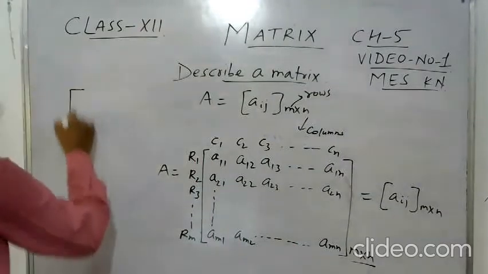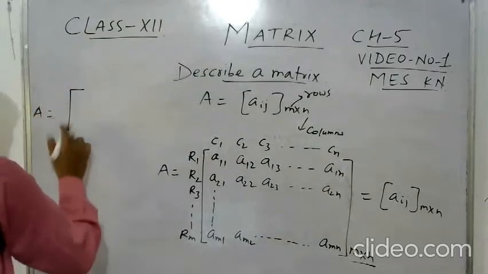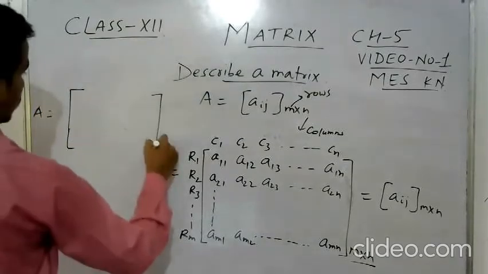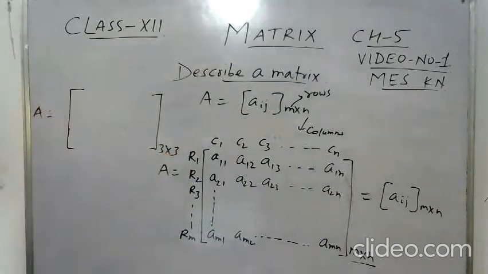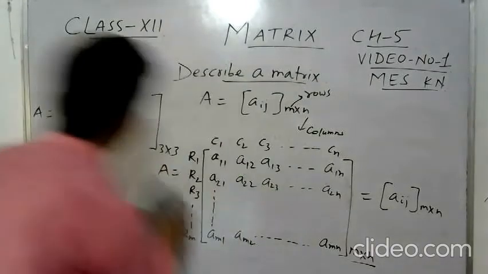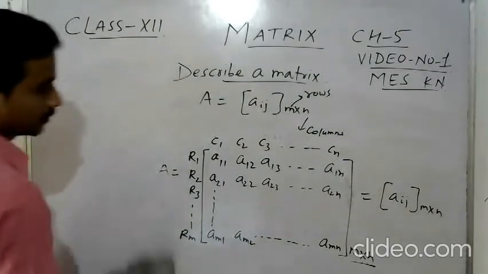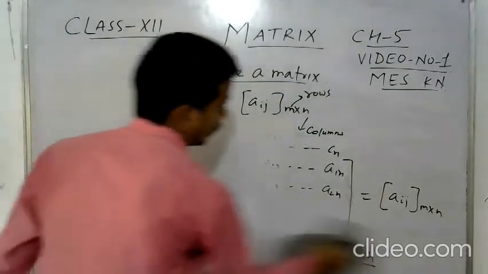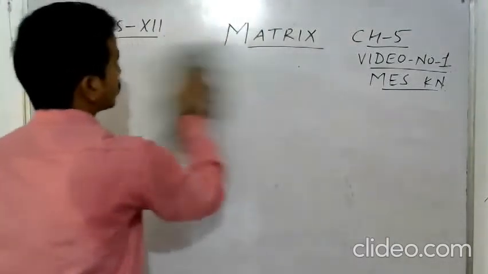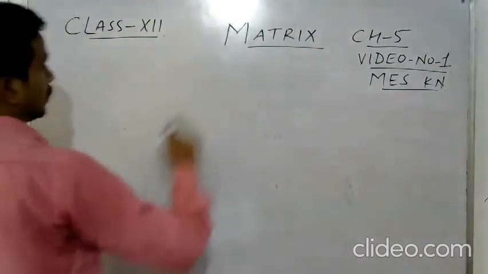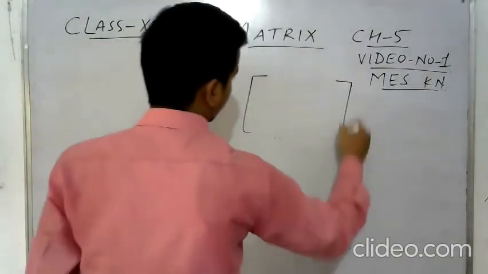Now suppose we have a matrix A of order 2 by 2.